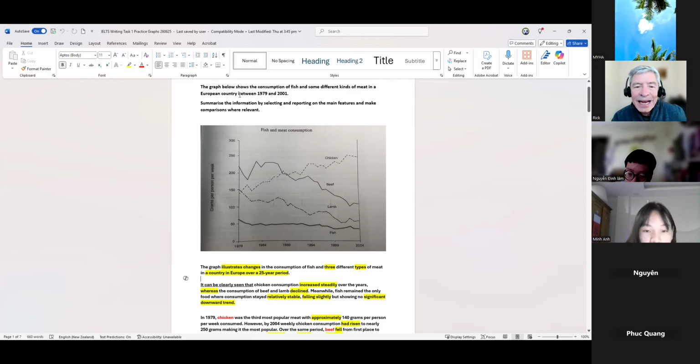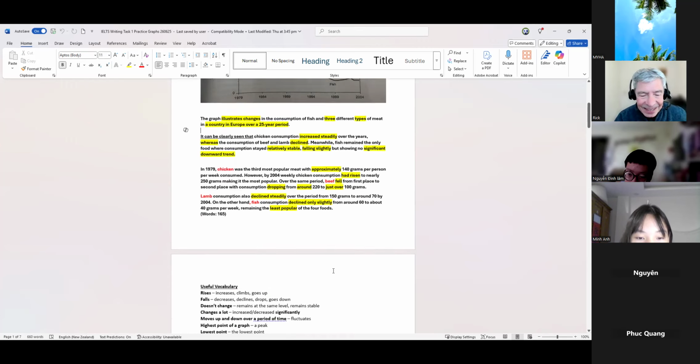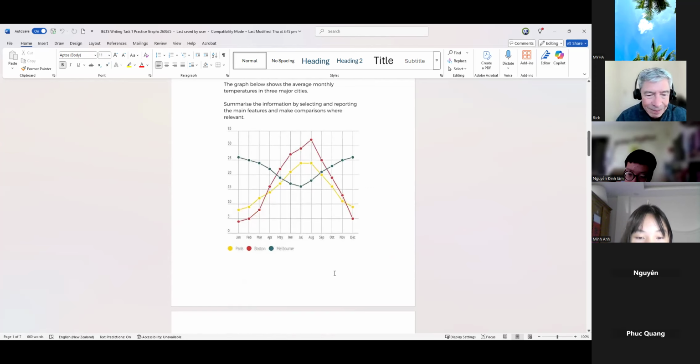And instead of saying between 1979 and 2001, the paraphrase says over a 25-year period. Means exactly the same, just using different words to say it. So the paraphrase is a test of your lexical resource, of your vocabulary. That's why it's there. Let's look at another example.